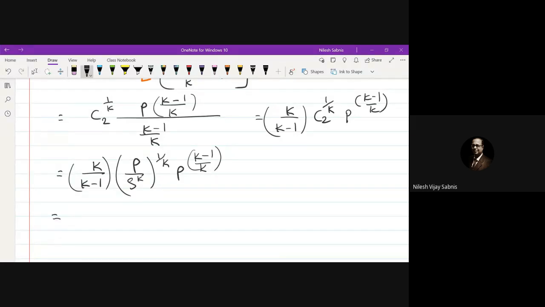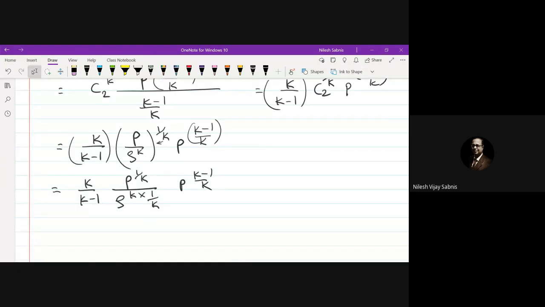Further, K upon K minus 1, P raised to 1 by K upon rho raised to K multiplied by 1 by K, making inside into P into K minus 1 upon K. So what will happen? Rho will get cancelled, and here K and K will get cancelled.